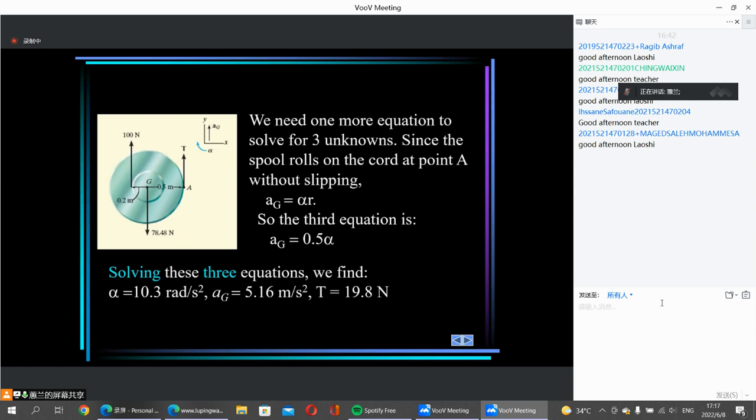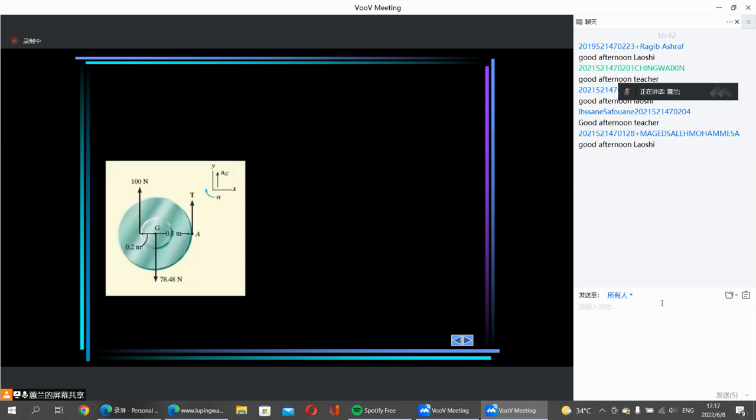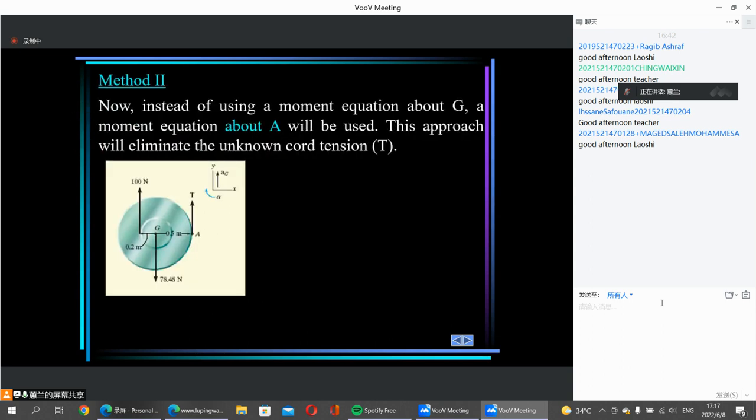Maybe, just like we have learned before in statics, we can choose any point we want to write down the moment equation. Sometimes it's good to write the moment equation about a point which has an unknown force passing through it, because the unknown force will produce no moment about that point.